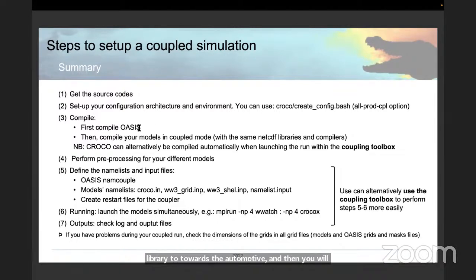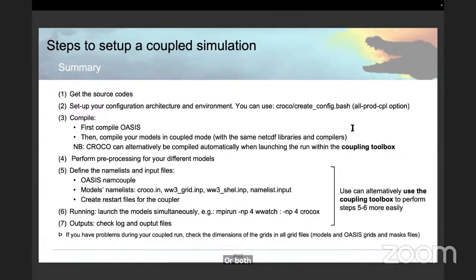So that is linking the OASIS library and also sometimes having some specific features in the model compilation. For example, in CROCO, and in all models, you absolutely need to be in MPI, otherwise it's not working. And also in CROCO, you need to define, for example, ocean atmosphere coupling or ocean wave coupling, or both.